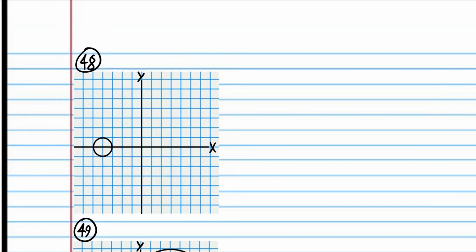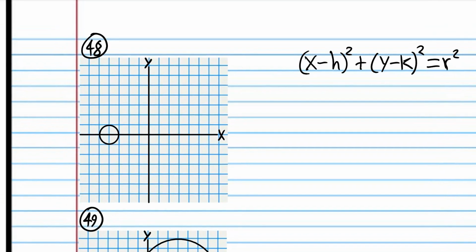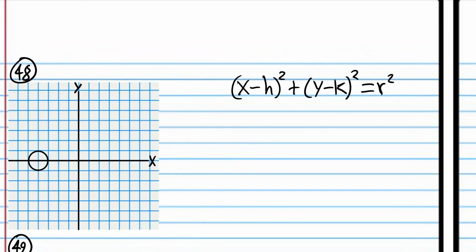All right, we're back. The center is 1, 2, 3, 4, so -4, 0. So x minus -4 and y minus 0. And we can see that the radius is just going to be 1.